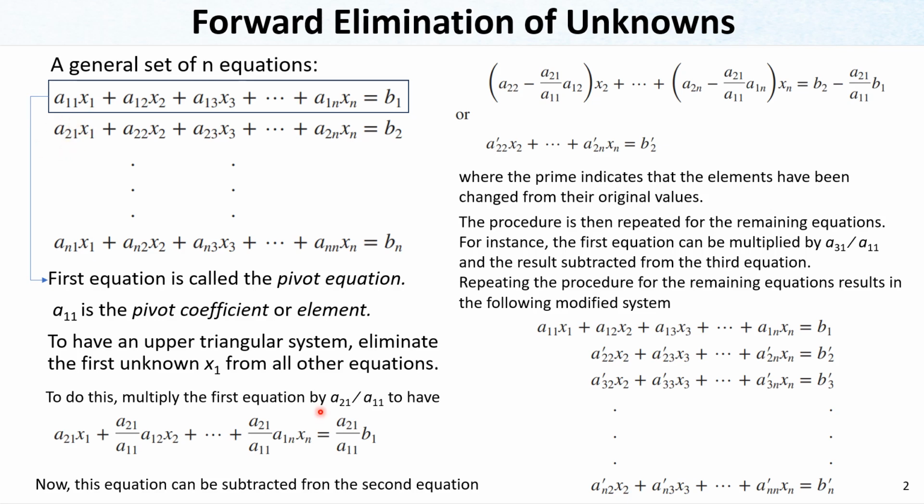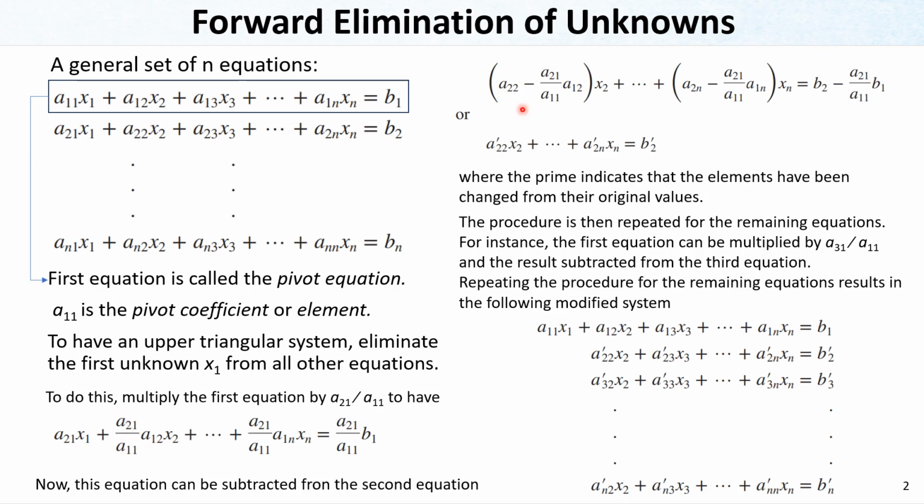When we multiply this by the first equation, we will have this equation, as you can see here. In here we only have a21. Now we can subtract this equation from the second equation. Then you can see a21 x1 and a21 x1 are eliminated, but in the second one we will have a22 minus a21 divided by a11 times a12.